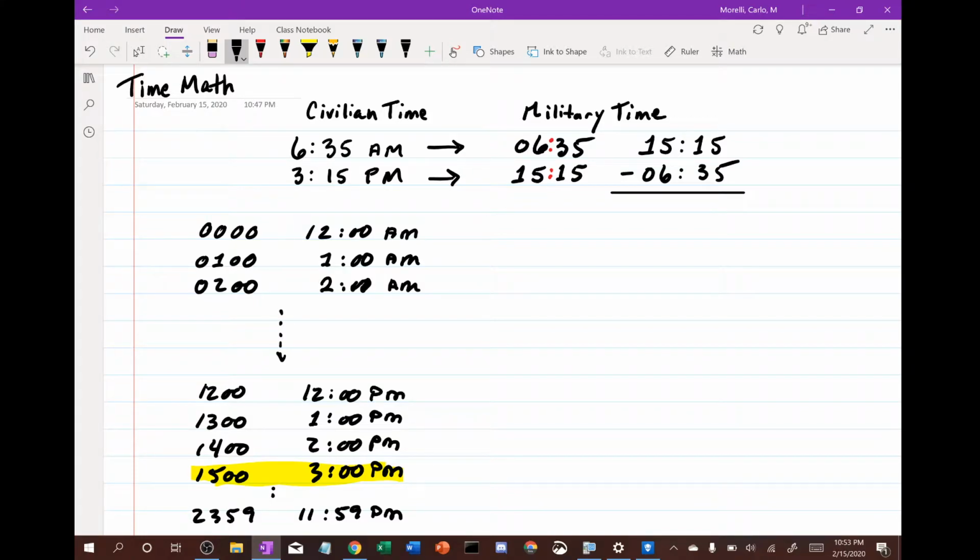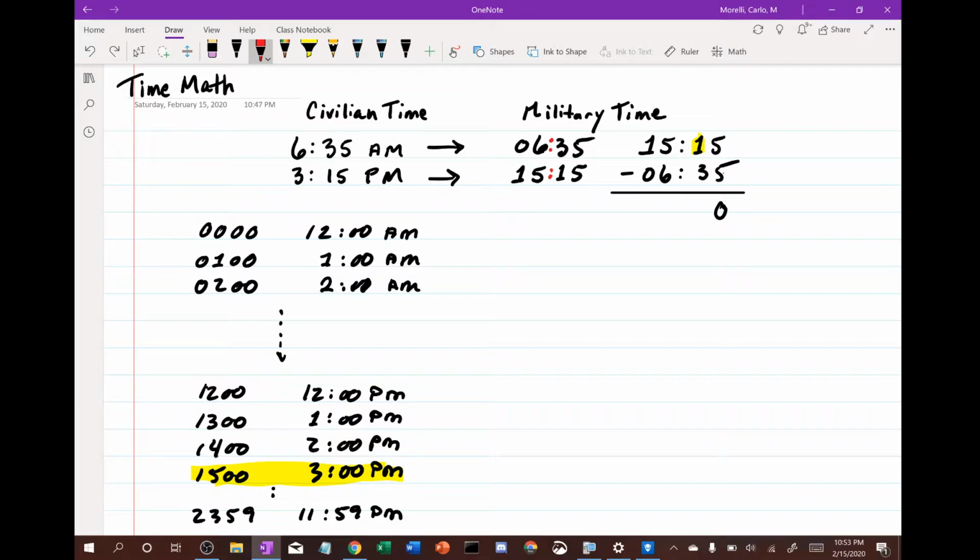Well, okay, easy enough. 5 minus 5 is 0. But now we got a problem. I got a 1 over a 3, so I want to borrow. Well, you can't just cross out the 5 and make this an 11. That doesn't work. This is not normal addition and subtraction.